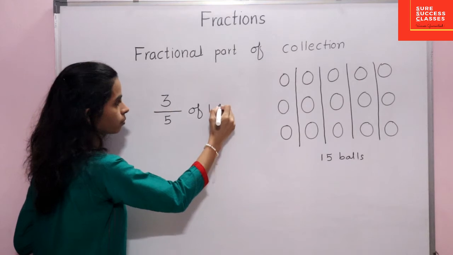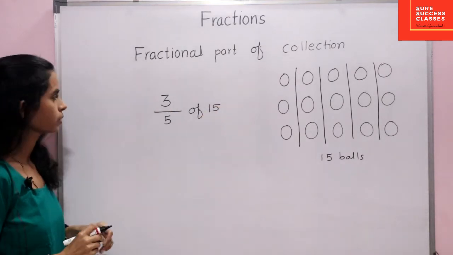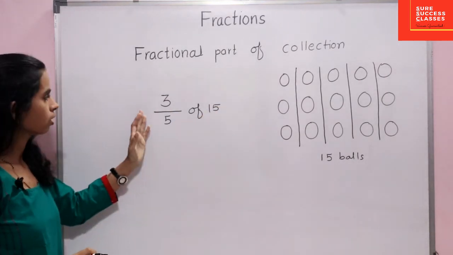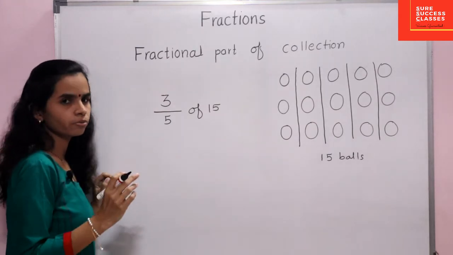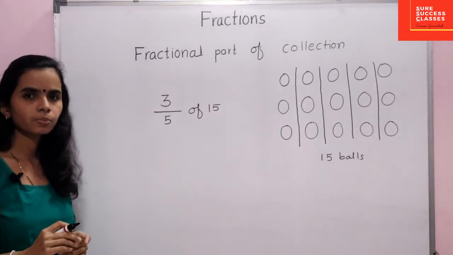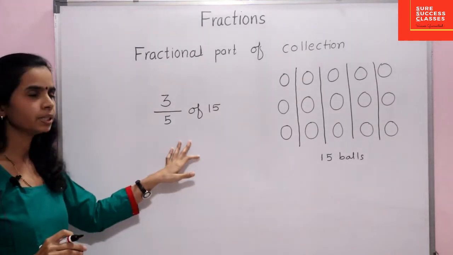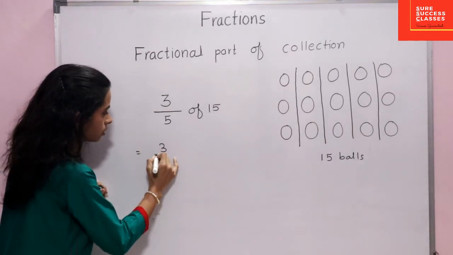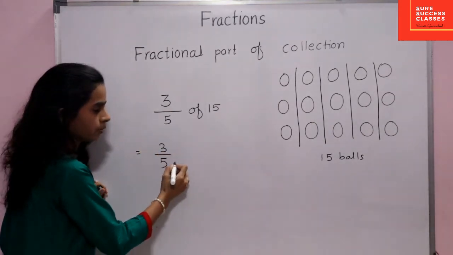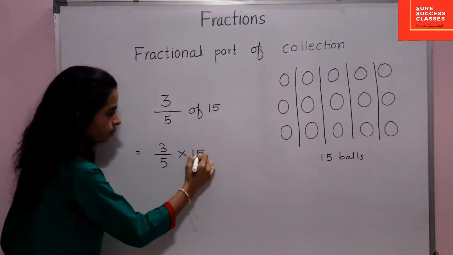This is a fraction of these 15 balls, so here we will write of 15 balls. And as per BODMAS rule, of means multiplication, so here we will write 3 by 5 into 15.